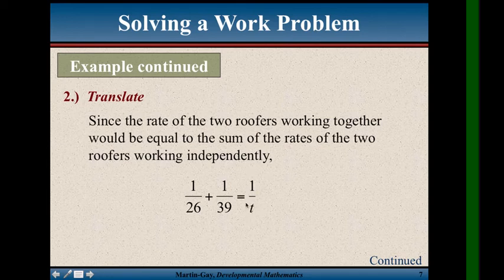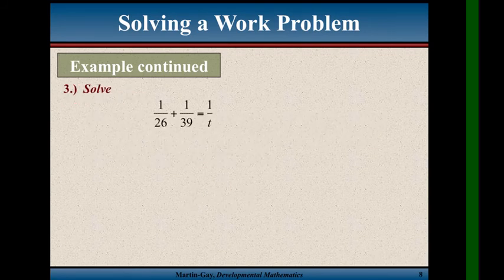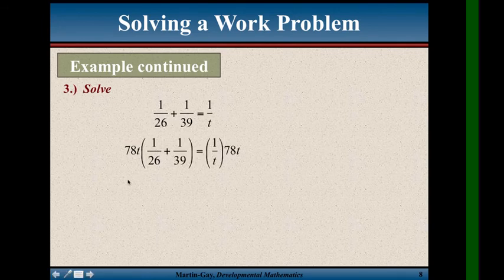Ito yung result na kapag sila ay nag-work together, ito yung magiging hours na kanilang tatabahuin. Okay? So, 1 over 26 for the experienced and 1 over 39 for the new roofer. Okay, so how to solve this one? To solve, we need to get the LCD first of the numbers here.